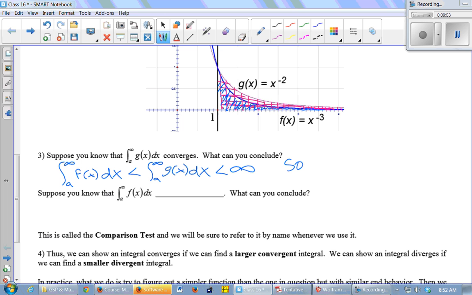So I can conclude the integral from a to infinity of f of x dx also converges.